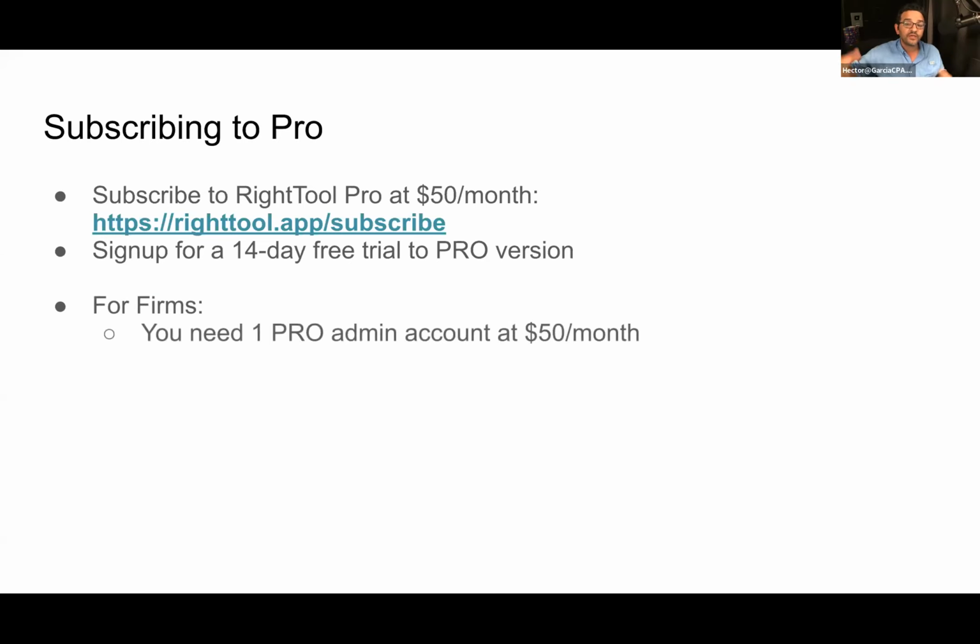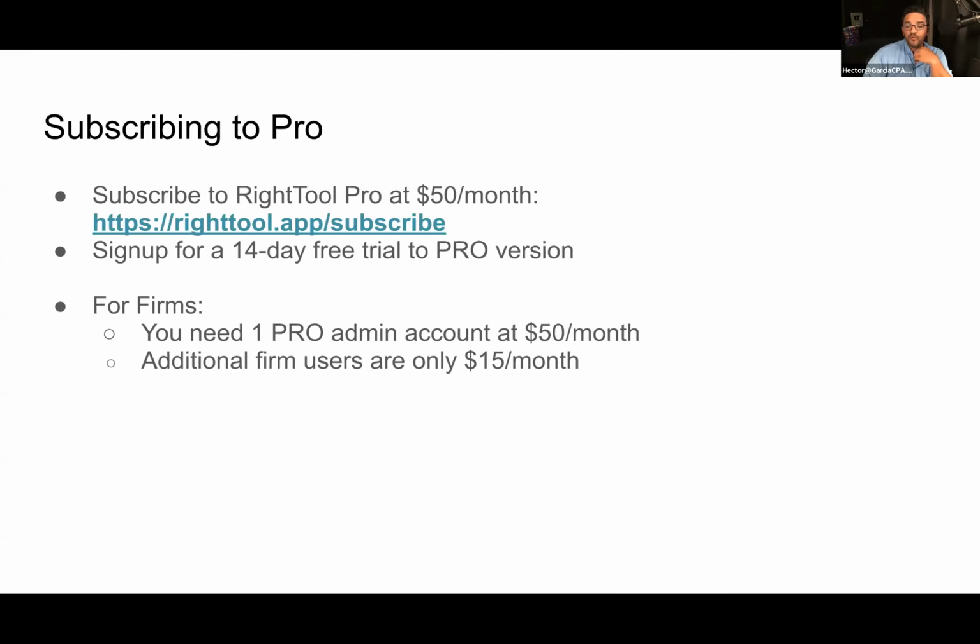If you're a multi-user firm, the $50 a month is only for the first user, what we're calling the admin user. So if you're a one-person firm, it's $50 a month. If you're a gazillion person firm, it's $50 a month for the admin, and then every additional user would be $15 a month. So 50 for the main user, 15 for the additional firm users.